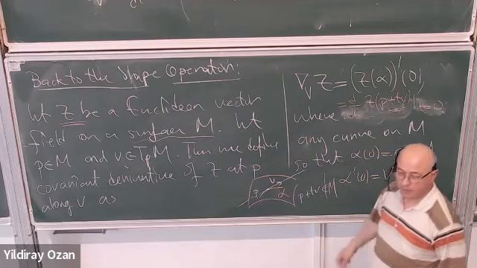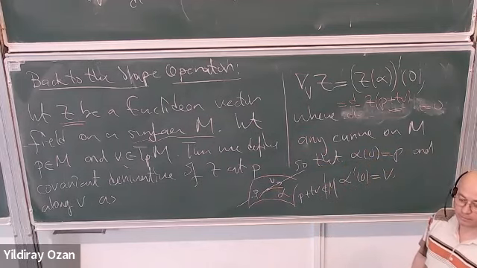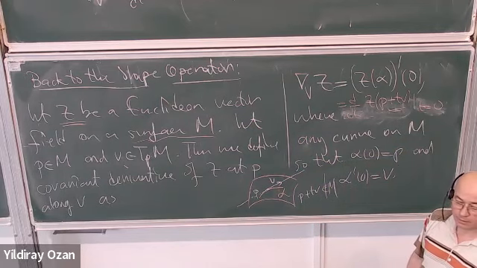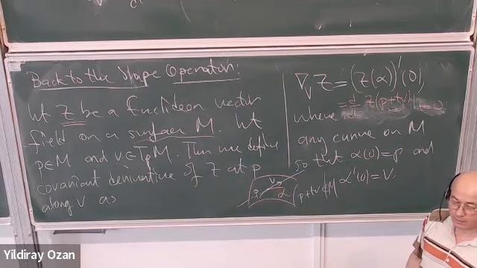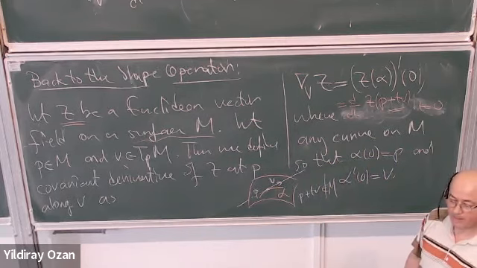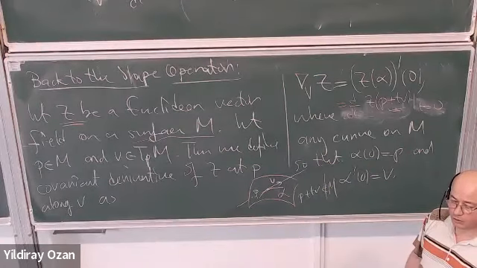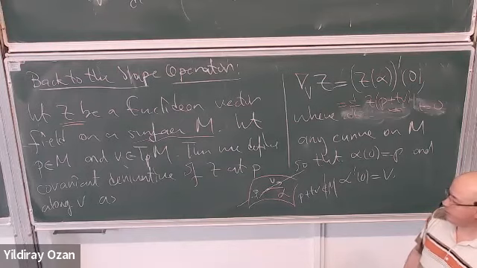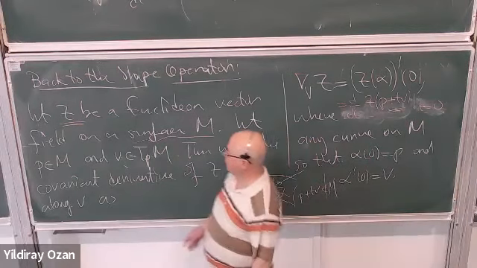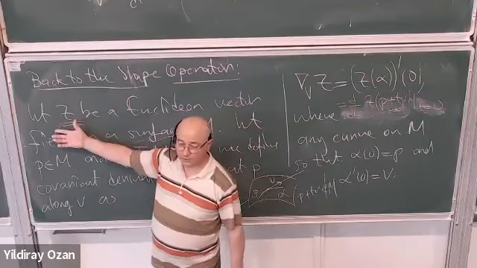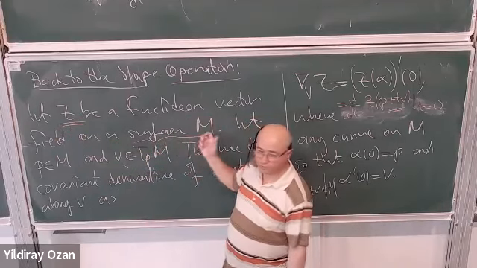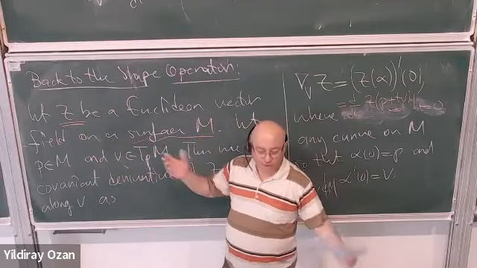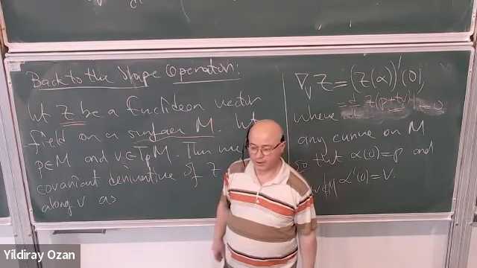Yeah, the thing is that we may have a vector field which is only defined on the surface M. Maybe it is not defined on R3.